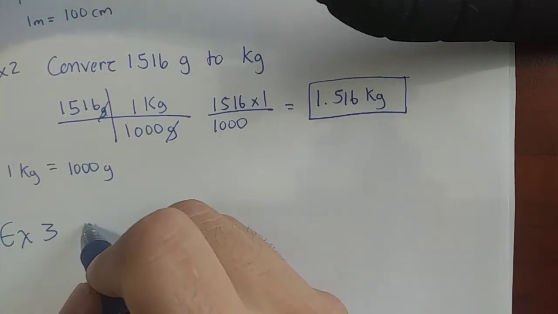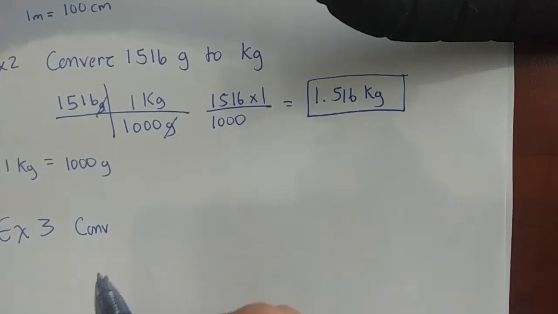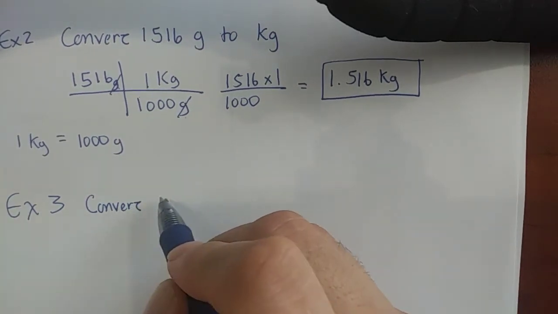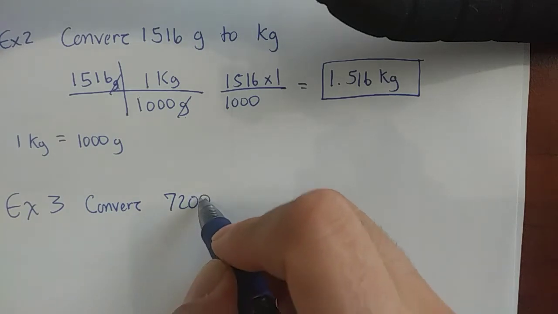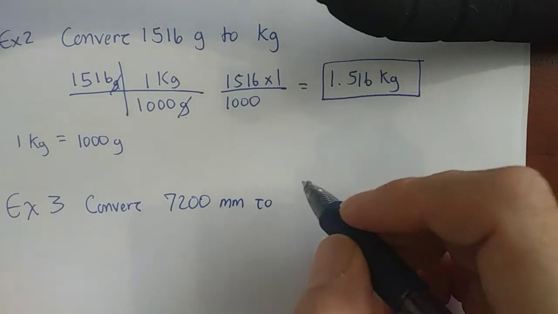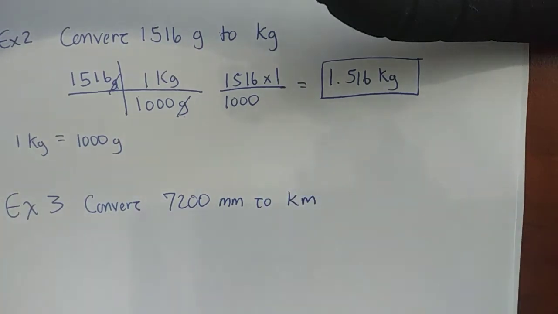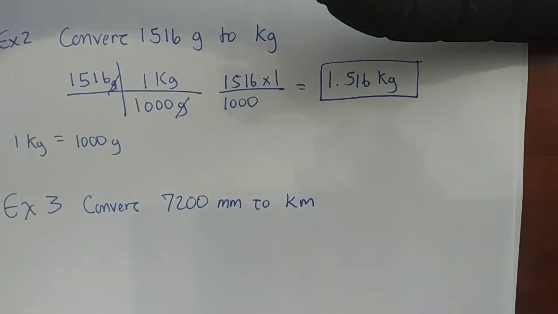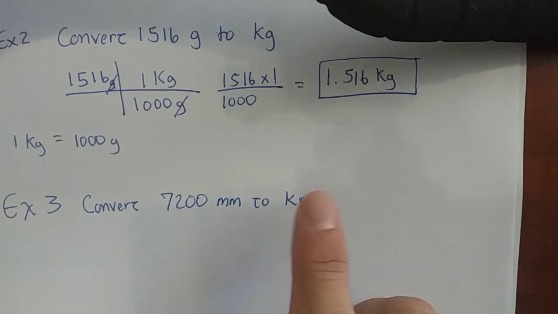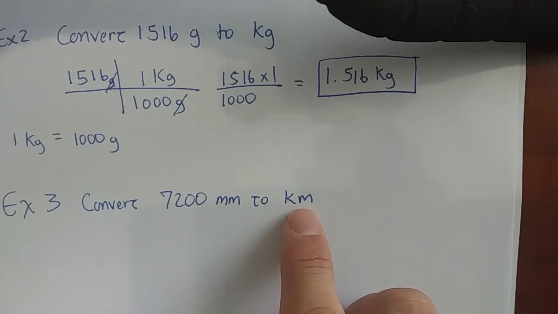And we're going to convert 7,200 millimeters to kilometers. So millimeters are very tiny and kilometers are very large. So this is kind of a silly conversion, because kilometers are comparable to how far you drive, right?